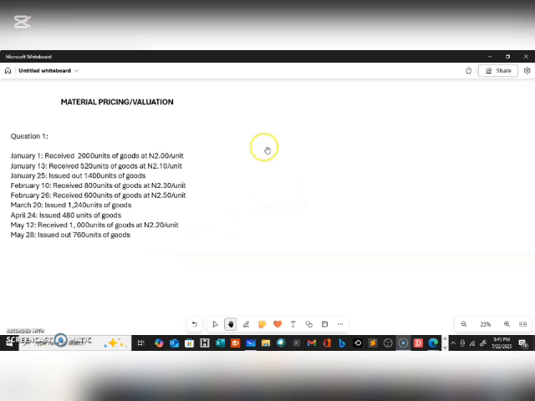So right now we have the question on material pricing or material valuation. We know what material pricing entails.